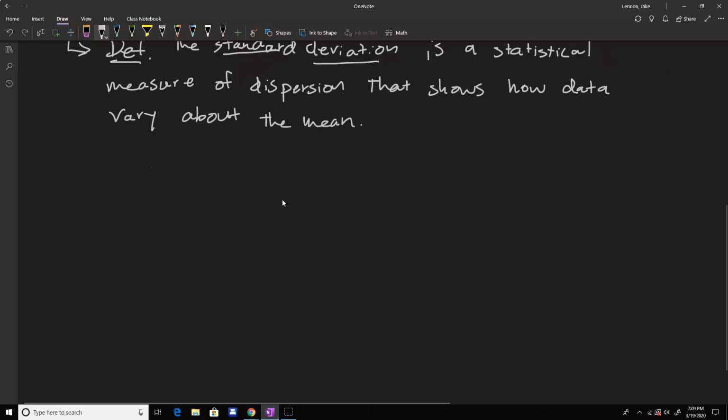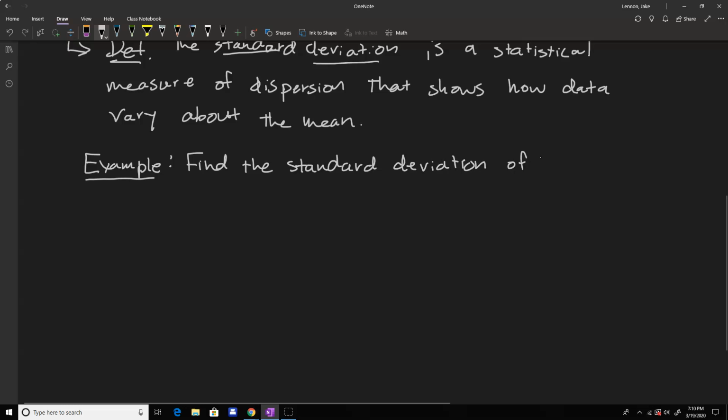So let's go ahead and look at how we would do this in an example. Example, find the standard deviation of the following sample data set.